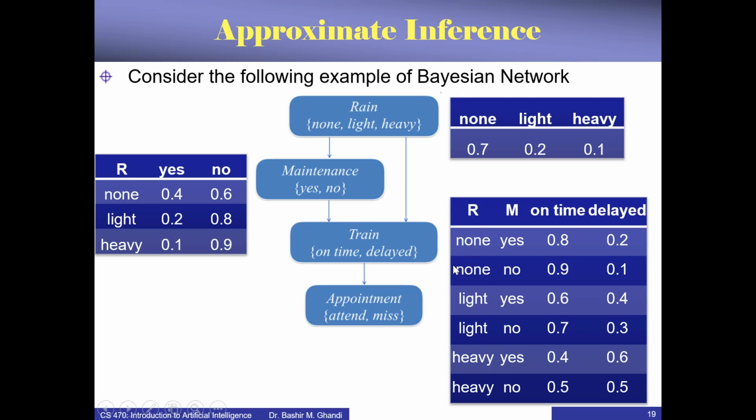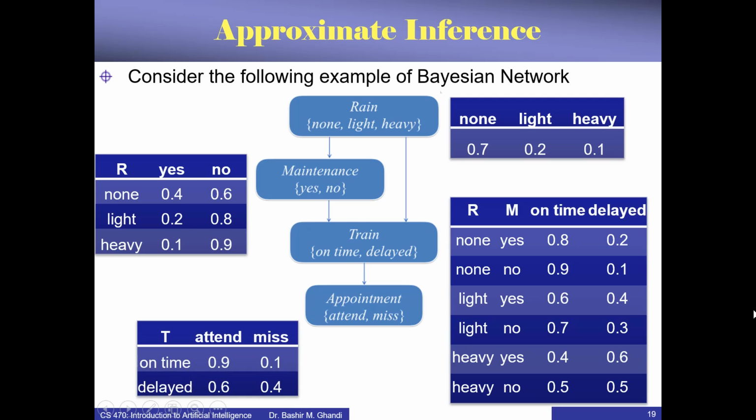None, meaning no rain, and then there was maintenance, no maintenance. Similarly for the light rain, yes, there was maintenance, no, there was no maintenance. And the last one, heavy rain, yes, there was maintenance, no, there was no maintenance. These are the possible values. Again, we are adding the other value anyway, although you can derive it from the first column here.